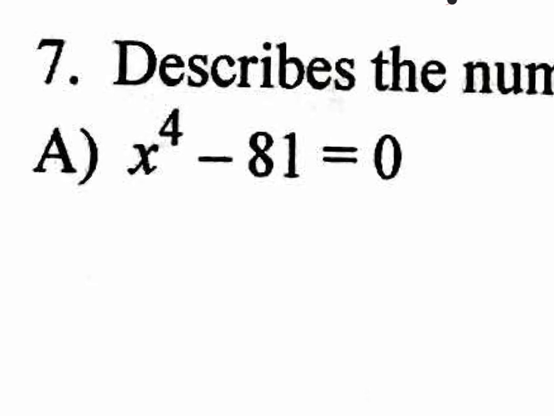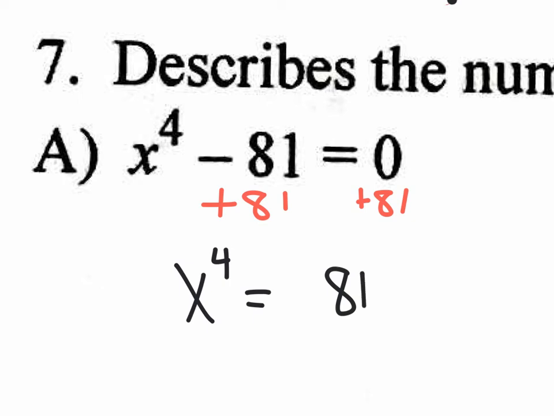You could solve it if you'd like, which you probably should, at least to find out how many there are. So you're going to go plus 81, plus 81. So you're going to have x to the 4th equals 81. And do you square root? You 4th root, right?